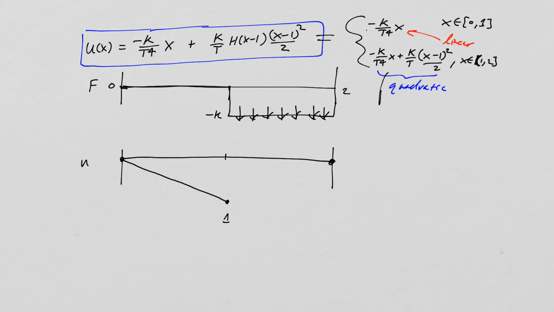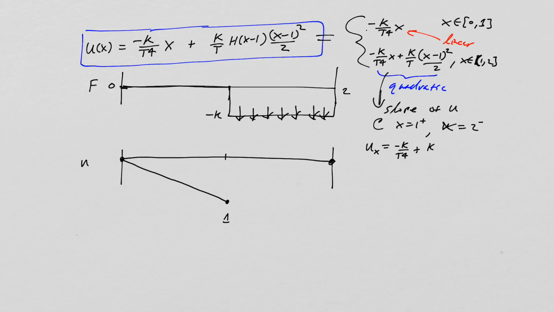What I really want to know is the slope of u at x equals 1 coming from the positive side, and at x equals 2 coming from the negative side. So if I look at ux, what I can write there is negative k over t times 4 plus 2k over, oh sorry, I should undo that.